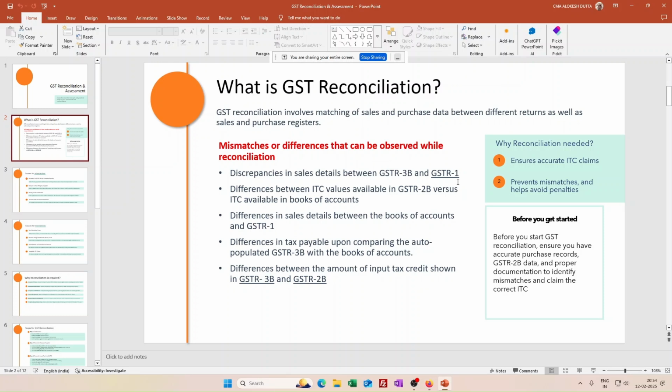What I told you: while filing GSTR 1, you have taken 20 invoices and uploaded that one and filed the GSTR 1 with a value of 2 lakhs. After that, you have found that you have made a mistake.